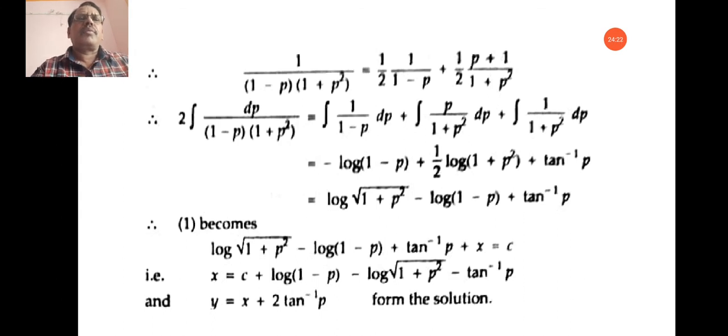Then we substitute all the values of a, b, c and we get the solution. In this problem, it is not possible to find the value of p. Therefore, the given equation and the equation obtained are the solutions of the given problem.